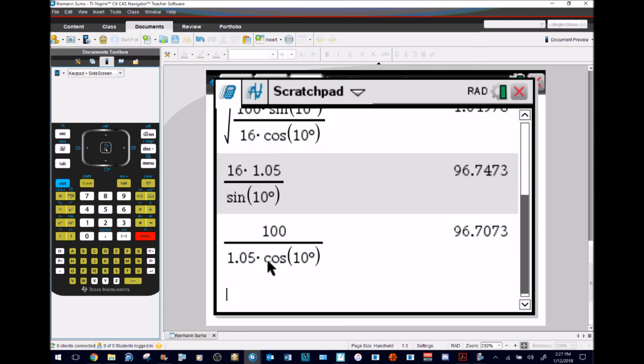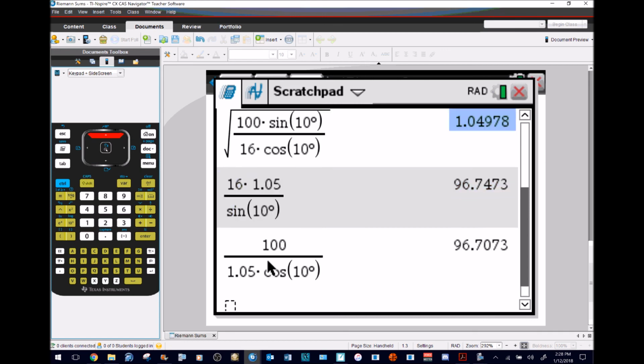The reason for this variation is because we did use a pretty liberal rounding of that time, 1.05 seconds. And as far as having a very good mentality in terms of advanced placement and their line of thinking, if we use more decimal places here, we probably will get a little bit better approximation.